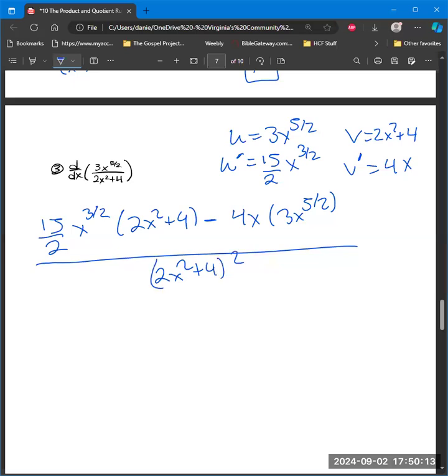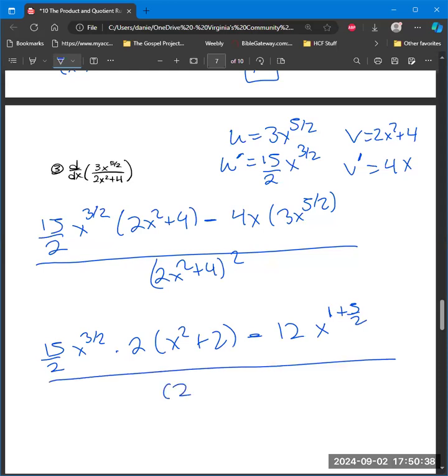squared. So I'm going to factor out the 2 from here to help simplify these 15 halves. 15 halves x to the 3 halves times 2x squared plus 2 minus 12x to the 1 plus 5 halves. I'll simplify that in a second.